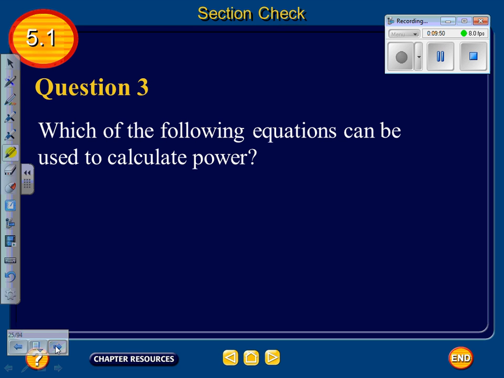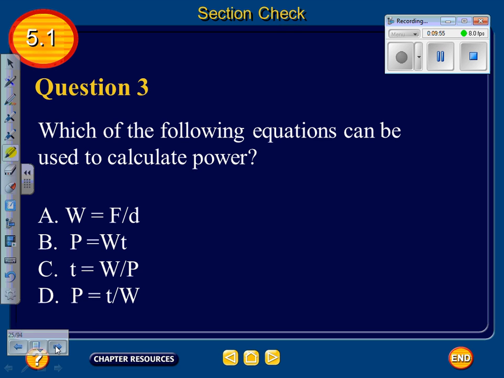Question 3. Which of the following equations can be used to calculate power? Power equals work divided by time. So this question is out. And I can draw it for you. Power equals work divided by time.